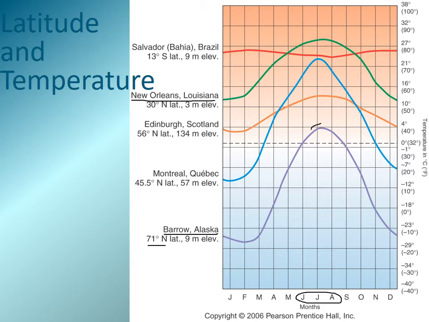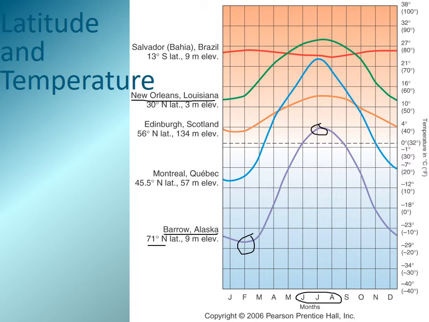But look at the difference between summer and winter. A much larger difference in temperatures from summer to winter is usually found in places that are at high latitudes. So not only do we have colder temperatures in Alaska, we have a bigger difference between summer and winter.